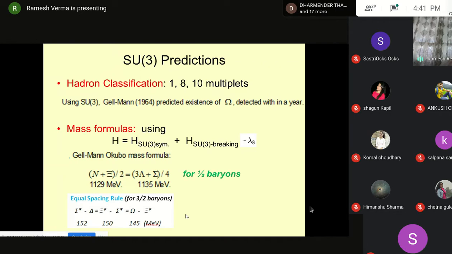We know that the hydrogen atom obviously honors SU2 symmetry. That is spin symmetry, which means states with different spin up and down orientation will have the same energy eigenvalues as long as the Hamiltonian of the hydrogen atom commutes with the spin operator.